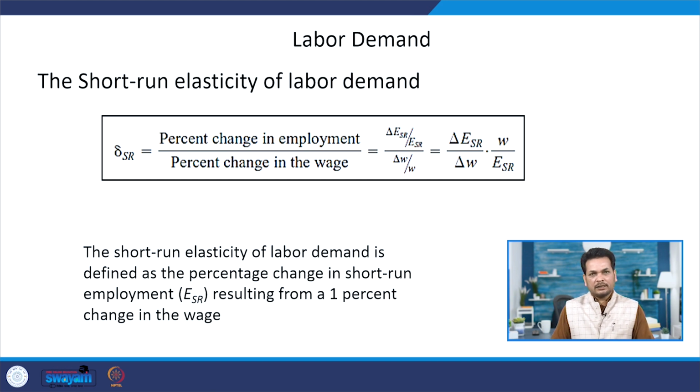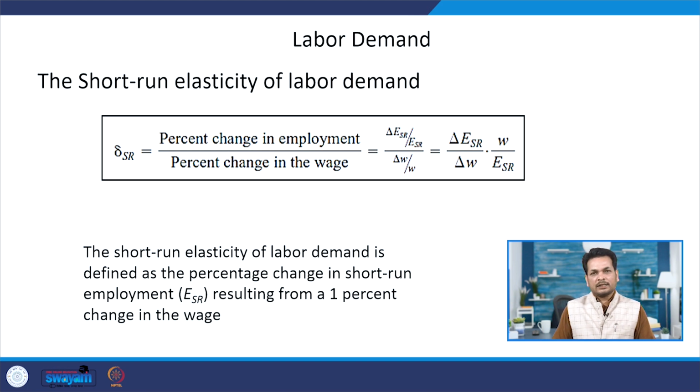You can see in this equation delta E_SR by E_S, which is the change in the employment in the short run, divided by delta W by W, which is the change in the wages. So, how do we interpret this elasticity value? The short run elasticity of labor demand, as I said, is defined as the percentage change in the short run employment resulting from a 1% change in the wage.